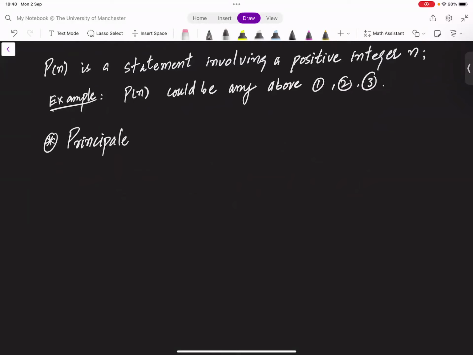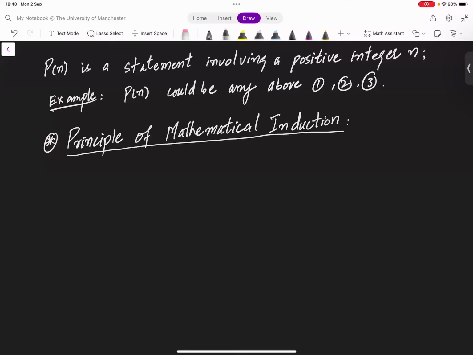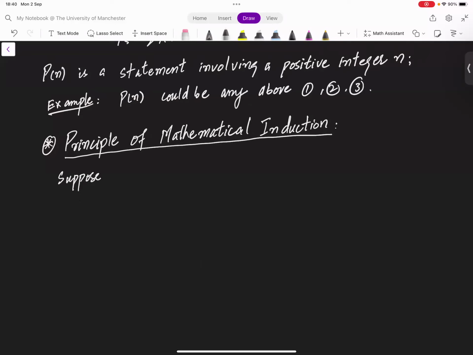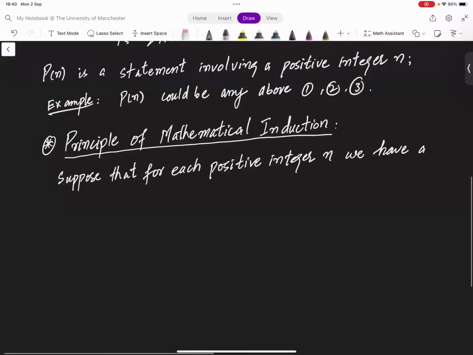Principle of mathematical induction. Now suppose that for each positive integer n, we have a statement P of n.